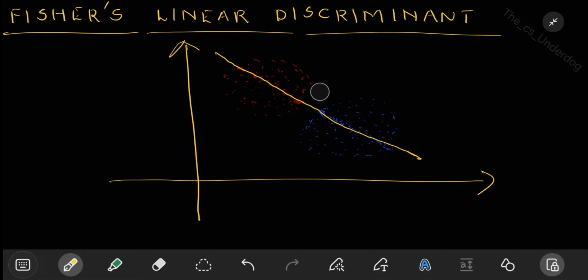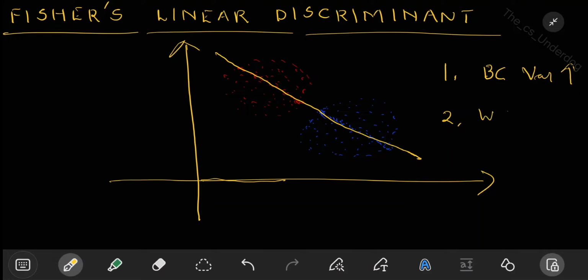But if you choose some other axis, let's say you choose X axis to project and you project everything onto it, between class variance is not so high. So first condition is between class variance should be the highest. And what is the second condition? Okay. And the second condition says within class variance should be the lowest.